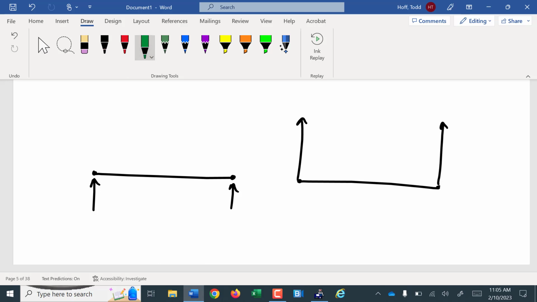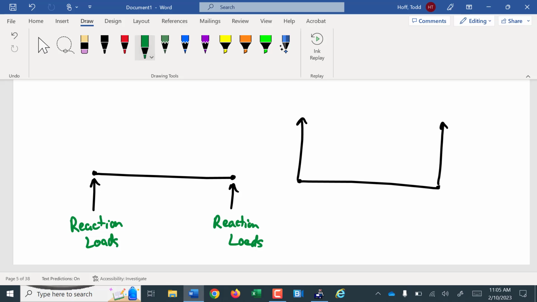These ends are what we refer to as reaction loads. They're called a reaction load because it reacts to the load that's on the beam or the structure.